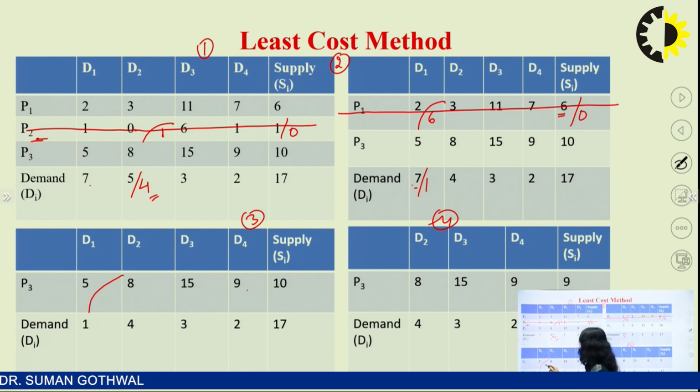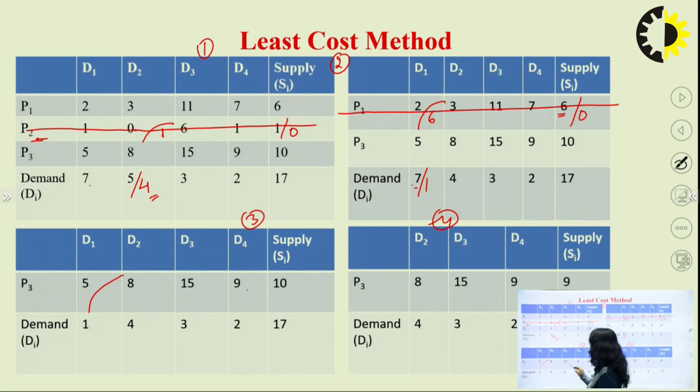So, we can see here the supply is 10, but the demand is of 1 only, or we will change the demand in this matrix as per our current demand. So, here only 1 is there. Okay. Now, the supply is 10, but the demand is 1. So, we will satisfy the demand of 1 here. Now, it will be left with 9 and it will become 0.